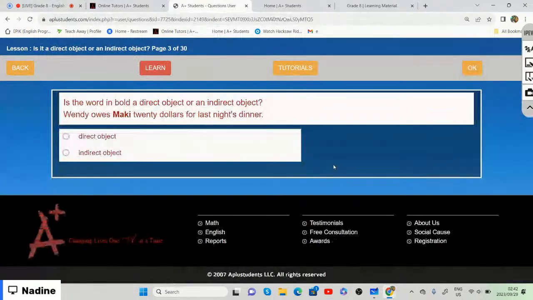Wendy owes Maki $20 for last night's dinner. We need to say if this is a direct object or an indirect object.